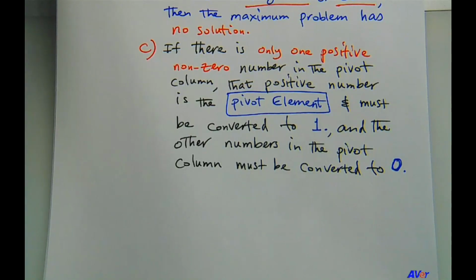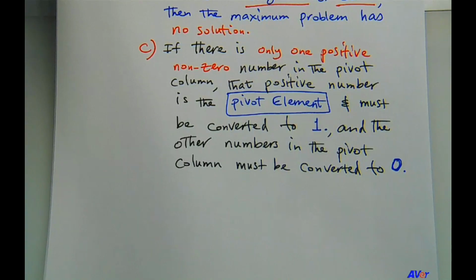But identifying the pivot elements in the simplex method is very, very different than how we looked at pivot elements in the Gauss-Jordan method. In the Gauss-Jordan method, pivot elements were diagonals that we would convert to 1 and all the other numbers in that same column to 0.